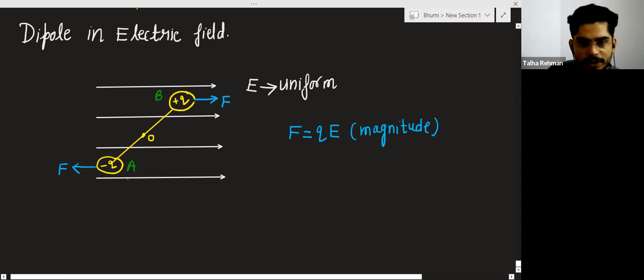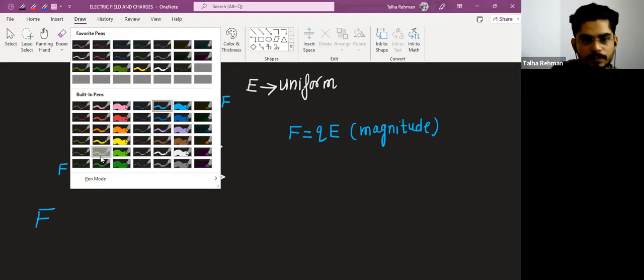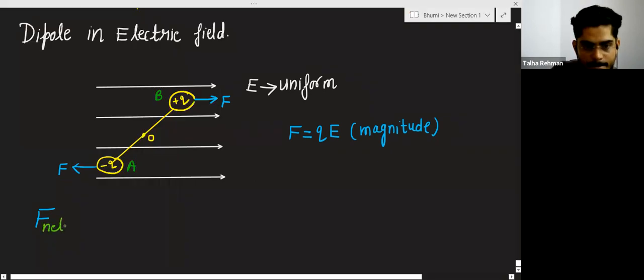So on this dipole, two forces are equal and opposite. That means you can say the net force on the dipole, F net.